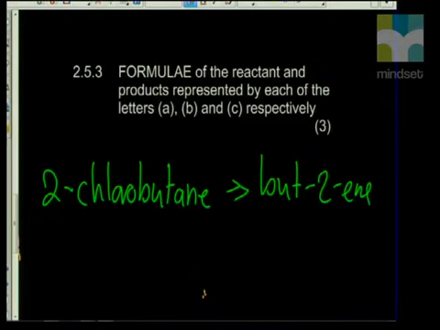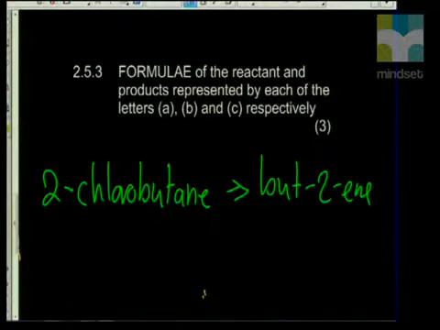I hope you can see that the chlorine is the central thing here. And we've formed a double bond. So what's been eliminated? What's been changed? It is the formation of a double bond. When you form a double bond, it must be elimination. So we recognize it's elimination.